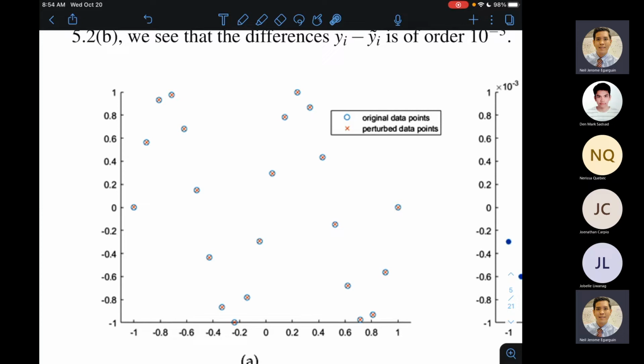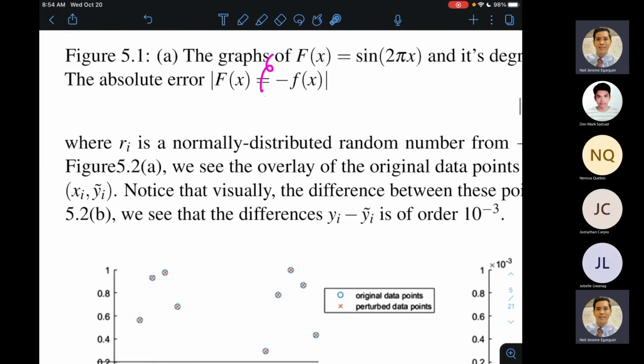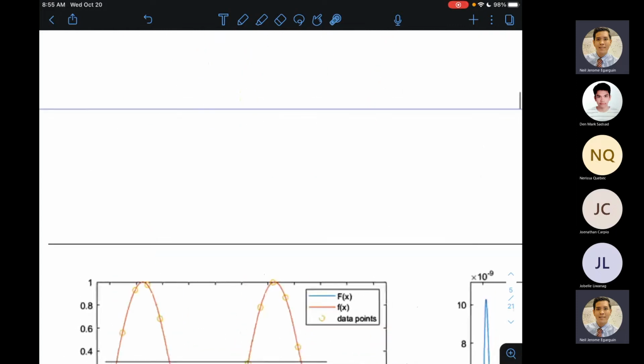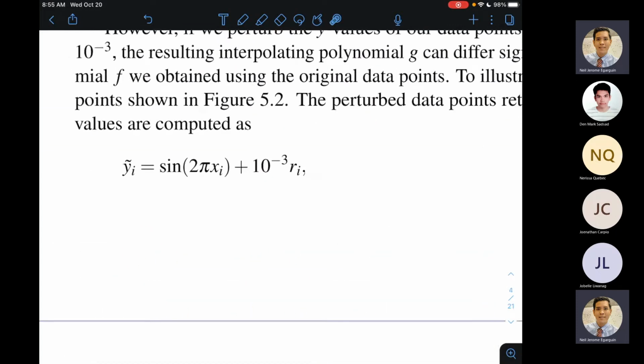And how did I get these perturbed data points? Ginamit ko itong formula na to. Alright? So, ito yung function value ni capital F, f of x sub i, right? The actual function value. Minsan tinatawag ko itong y sub i din.